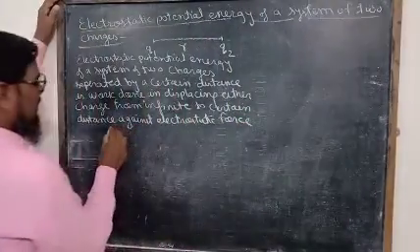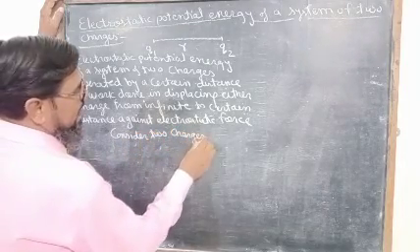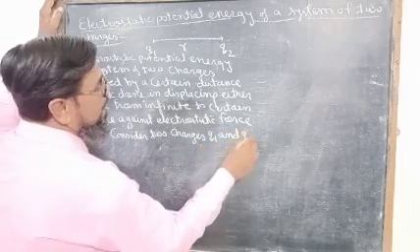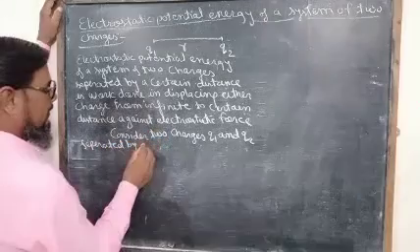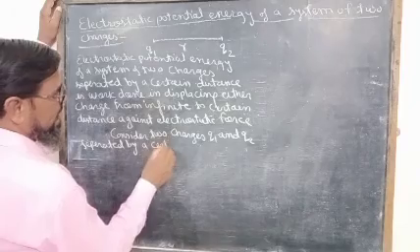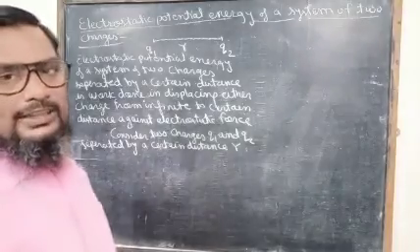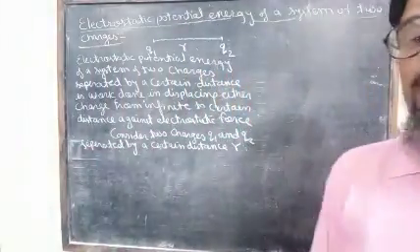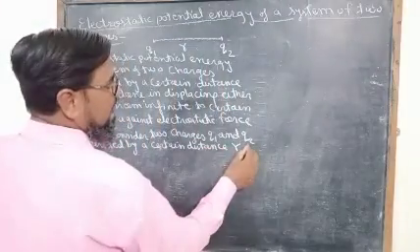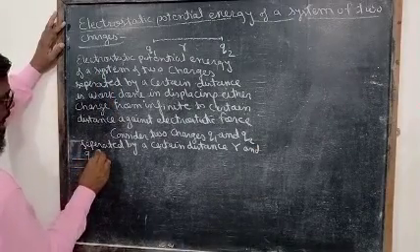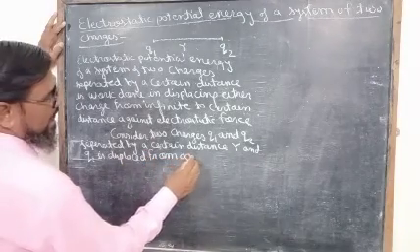In this case, consider two charges Q1 and Q2 separated by a certain distance small r, and Q2 is displaced from infinity to r.